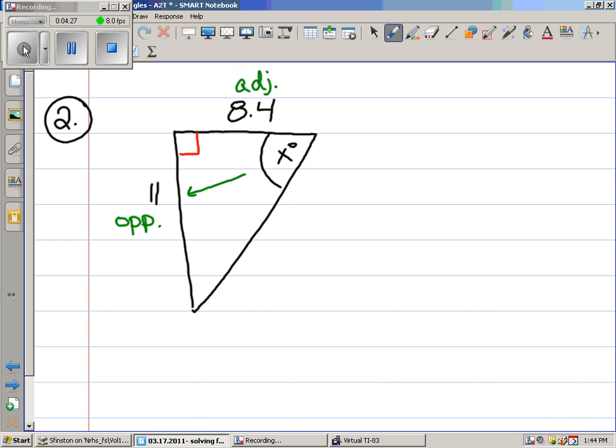SOHCAHTOA. Is it sine? Is it cosine? Is it tangent? Very nice, girl. We're going to use the tan. And because we're looking for an angle, we're going to use arctan. So arctan of 11 divided by 8.4, the two sides, equals the angle.